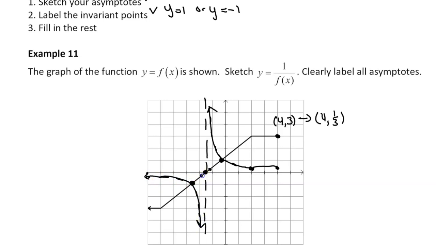Imagine you have a point where your y value is something like negative 1/10, and you take the reciprocal of that, that becomes negative 10. So it's going to go down very quickly. And that would be what your reciprocal function would look like for that. And that would be an example of filling in the rest.